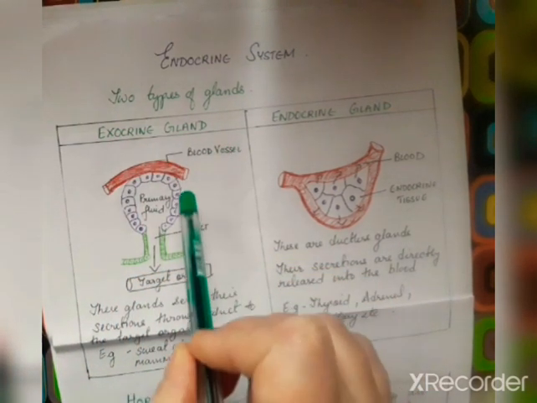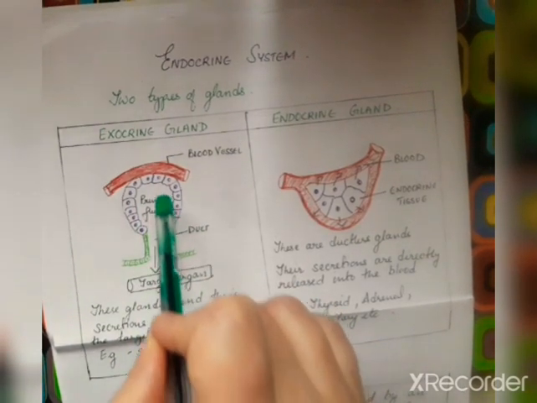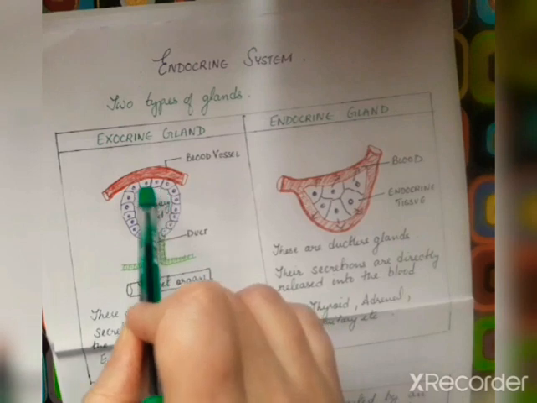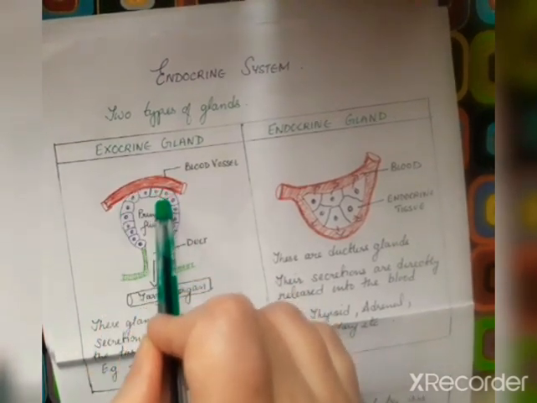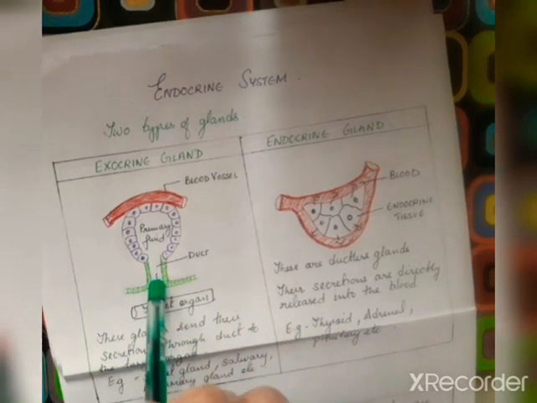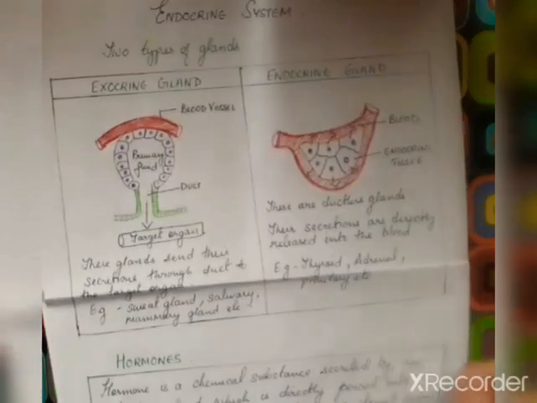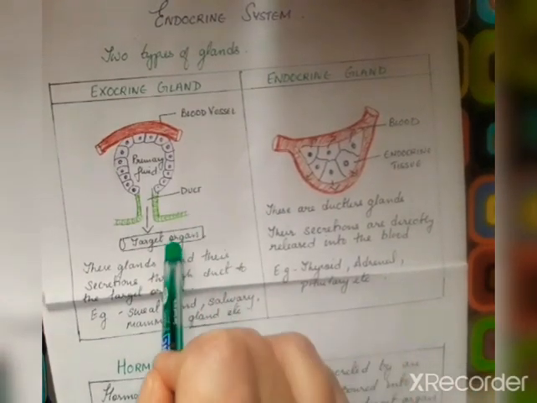Here you can see that this is the gland. This is the fluid which is secreted by the cells. These are the cells of the exocrine gland, and when it secretes, it moves through this duct to the target organ where it has to perform the function.